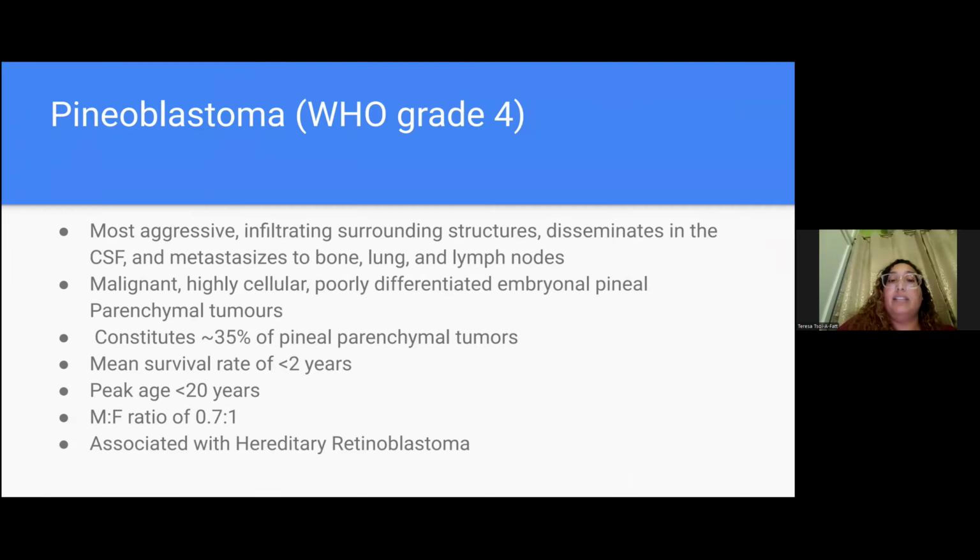They are malignant, highly cellular, and poorly differentiated embryonal pineal parenchymal tumors, and they constitute approximately 35% of pineal parenchymal tumors. They have a mean survival of less than 2 years, with a peak age of less than 20 years. The male to female ratio is approximately 0.7 to 1, and these tumors are associated with hereditary retinoblastoma.